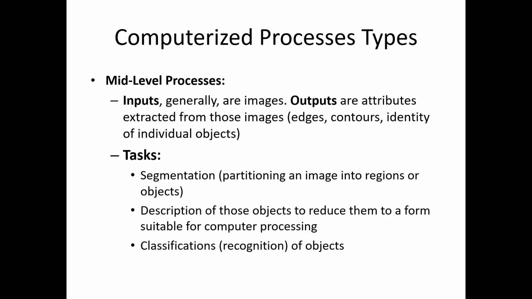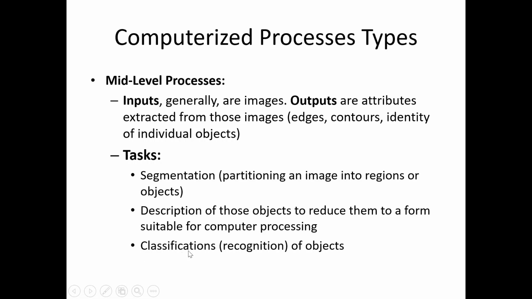These terms may not be clear right now, but we are going to cover all these topics in detail. Segmentation is itself a topic, and description and classification are all separate topics which we will cover in future lectures. Here you just need to get an idea of what segmentation is: an operation where the image is partitioned or divided into objects or regions.